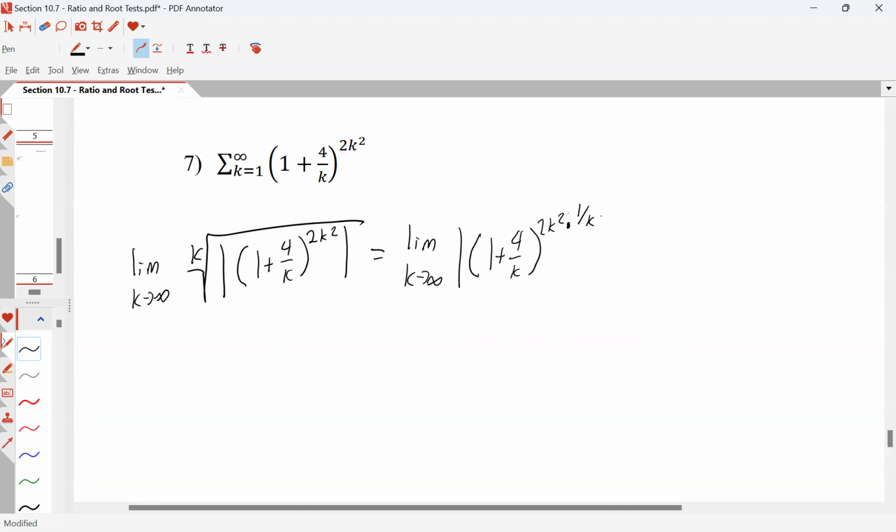So passing this inside the absolute value, 2k squared times 1 over k becomes the limit as k goes to infinity of 1 plus 4 over k to the 2k. So we have a k squared times 1 over k. One of the k's cancel, but the other one is left.